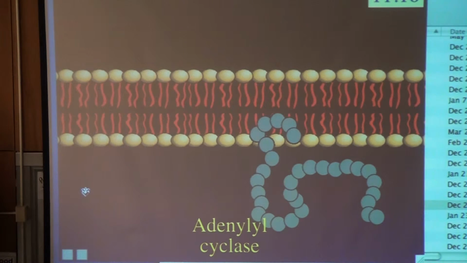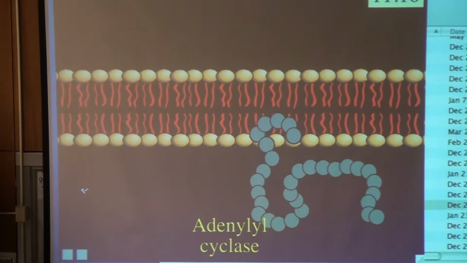Let's look at the adenylyl cyclase signal transduction pathway. All right, so adenylyl cyclase is a membrane protein. It's essentially the second relay protein in this signal transduction pathway that started with the G protein linked receptor.